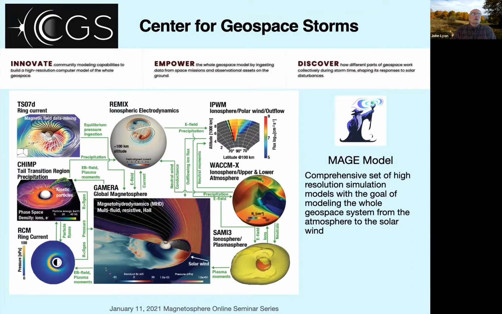And here we're trying to go from the actual troposphere out to the solar wind through the use of WACCM-X, which is the community whole atmosphere model, and various other things: a ring current model, an ionospheric model, polar wind outflow, particle tracing, and also the SAMI ionospheric model.